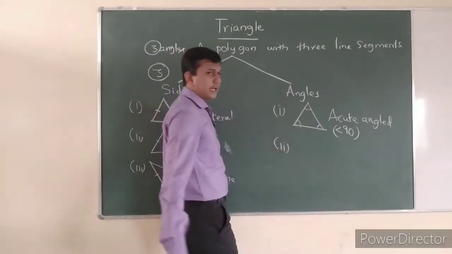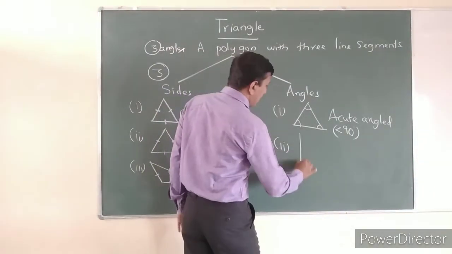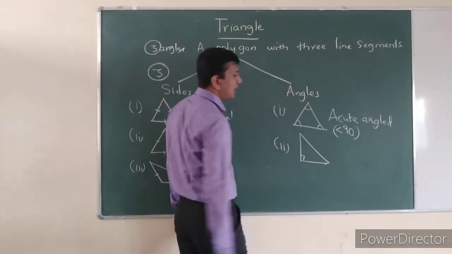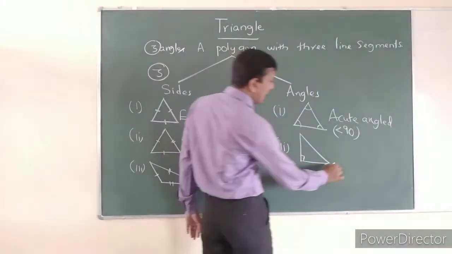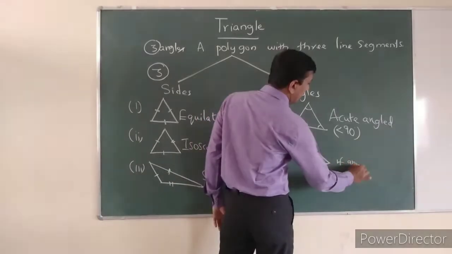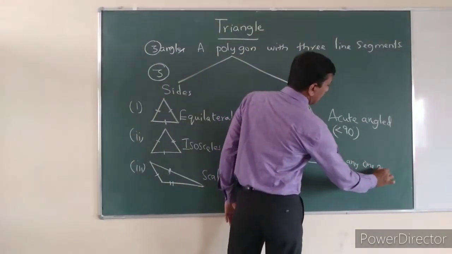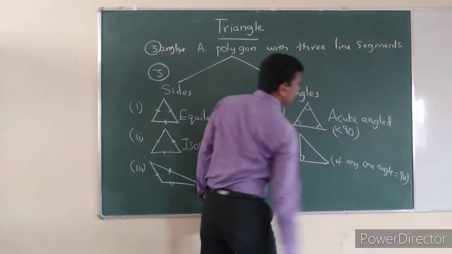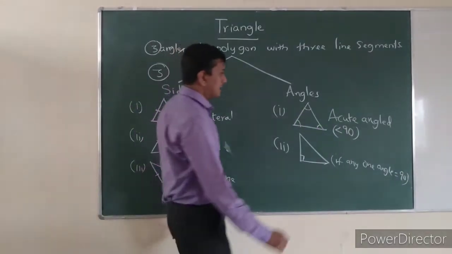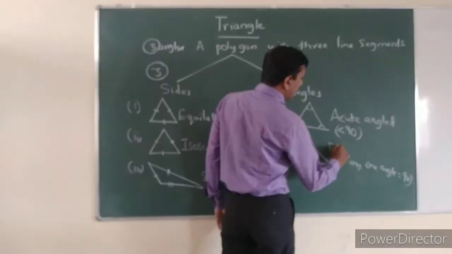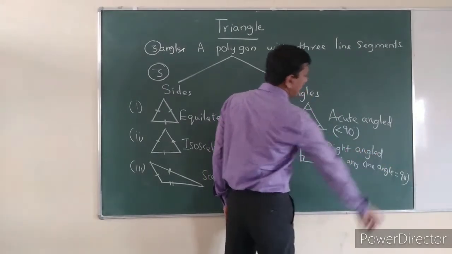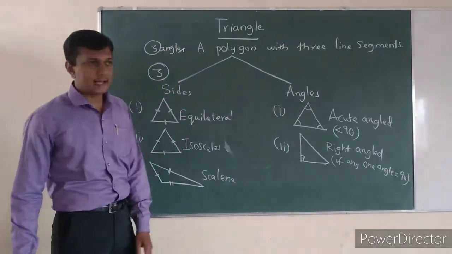The second one is, if any one angle is equal to 90 degrees, such a triangle is called a right angled triangle.